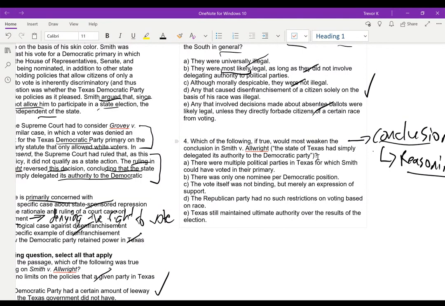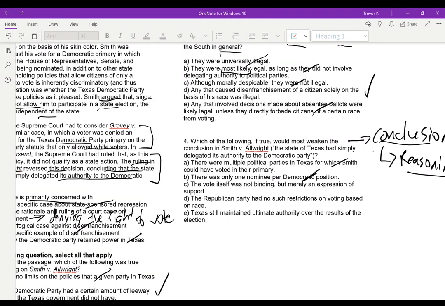There are multiple political parties in Texas for which Smith could have voted in their primary. No, presumably that was already true, right? Presumably it wasn't just the Democratic Party that he could have voted in. I think the point was more like if you deny him voting in the Democratic primary, then he can't vote in the real election. So no. There's only one nominee per Democratic position.